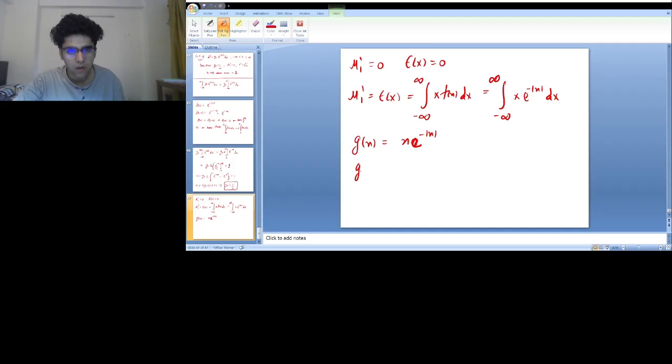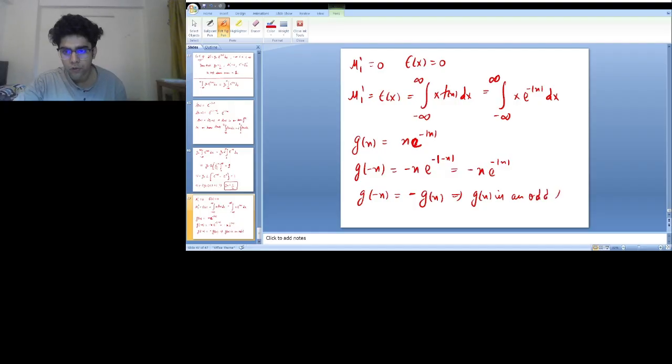If I substitute negative x here, this gives me negative x e to the power minus mod x, as the negative sign doesn't matter inside the mod. So g(minus x) is equal to the negative of g(x), which implies that g(x) is an odd function.